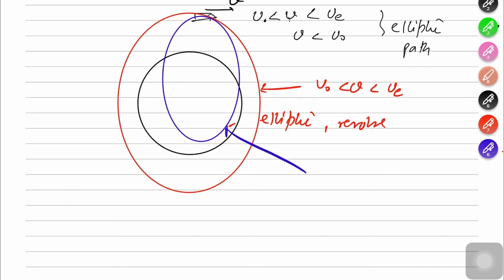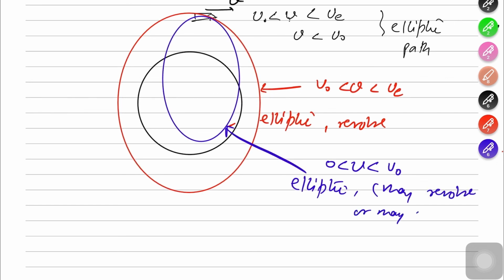Whereas if you look at this one, the velocity is less than the orbital velocity, it will also have an elliptic path, but it may revolve, may not. The problem is that after going some time it will strike the earth here.